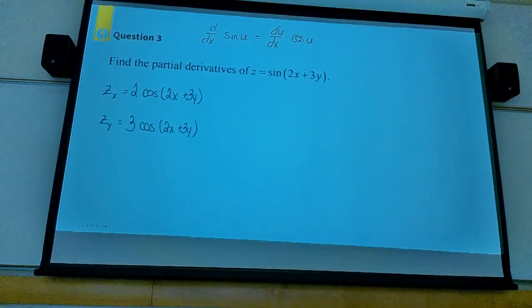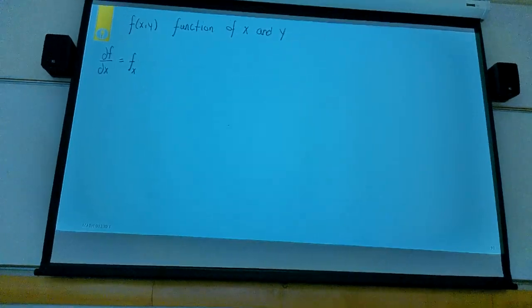Is it still a function of x and y? So won't you be able to take its partial?